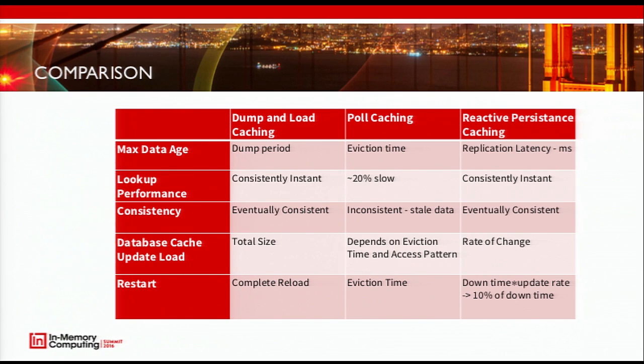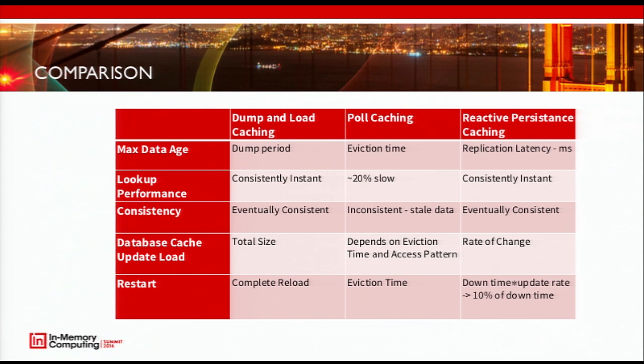And what do we do when we have to reload? I will launch a space mission. We are going to the database. So everything is going to be slow. For 20% of the times, we're going to be extremely slow. So here it's a very poor method. Reactive persistent caching is good because everything is there. It's updated in the background all the time.